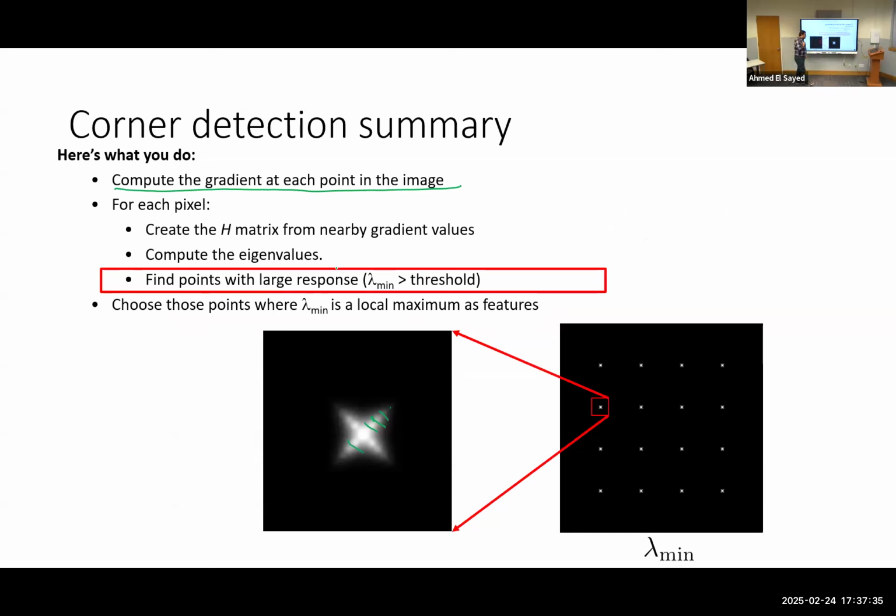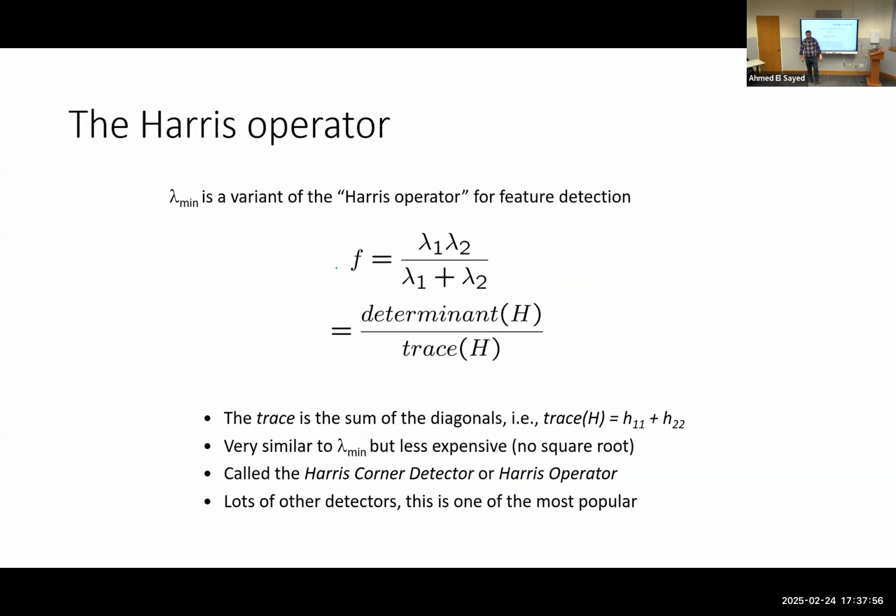This concept was good, but this thresholding problem became somehow challenging. So they decided to change it a little bit. How? By defining something called the Harris operator. What does this mean? It means that I will not work with the lambda minimum only. No. I will make a function between lambda minimum and lambda maximum.